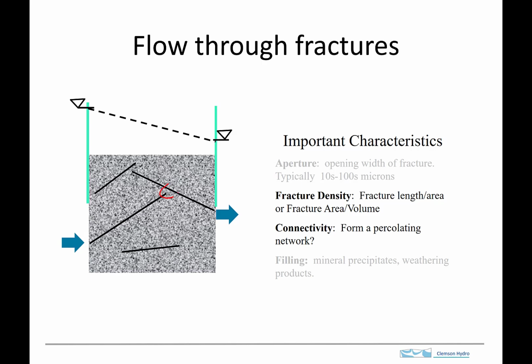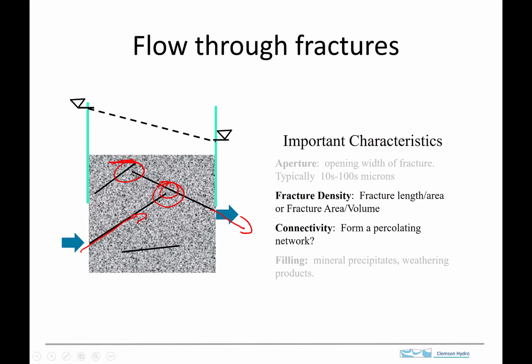Right here, the fractures are close together, but they're not actually connected. Same with right here. And so in order for water to flow along this fracture and make it out to this end, it has to go through that intact rock. Well, that might be very low permeability, and so the overall resistance to flow is quite high.